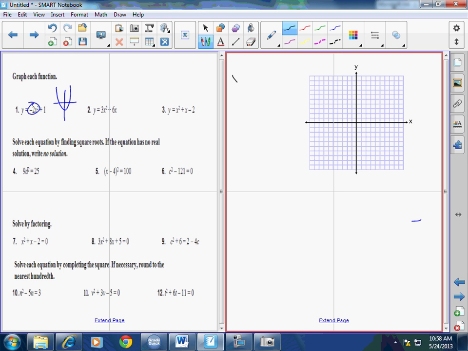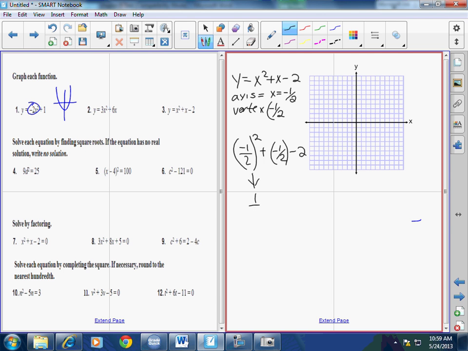Number 3, I told you there would be one ugly one, and this was it, and it wasn't really that ugly. My axis of symmetry here is negative b over 2a, so that's going to be x equals negative 1/2. My vertex, I plug in the x value of negative 1/2, and I find y with that value. So negative 1/2 squared plus a negative 1/2 minus 2.